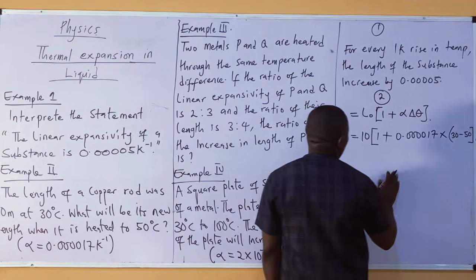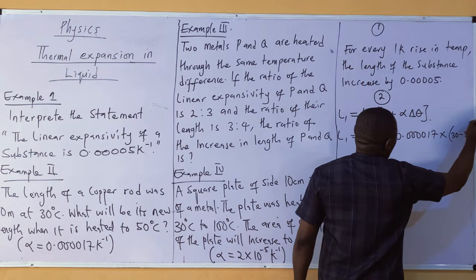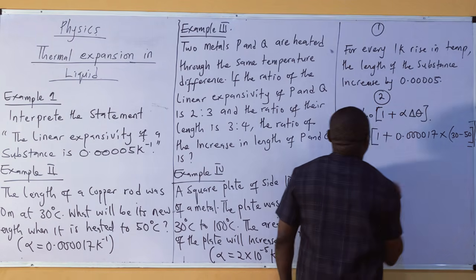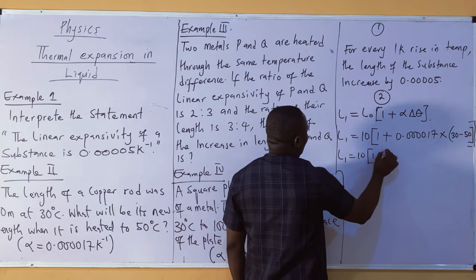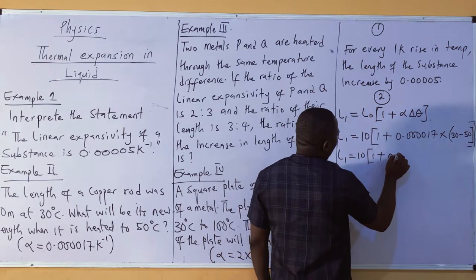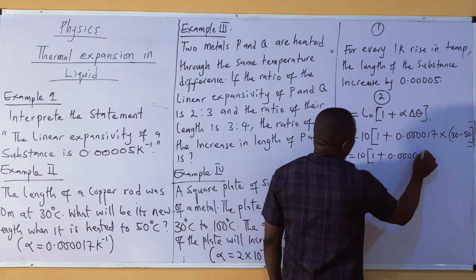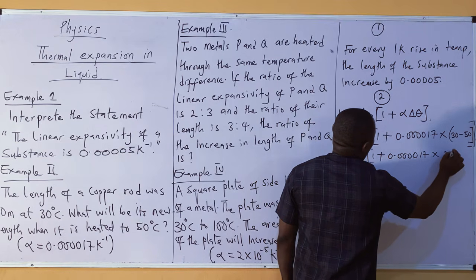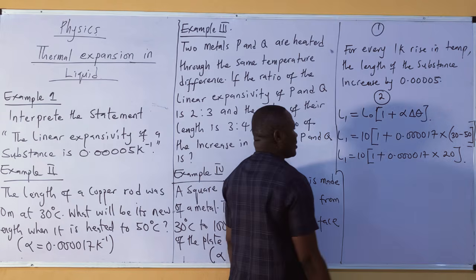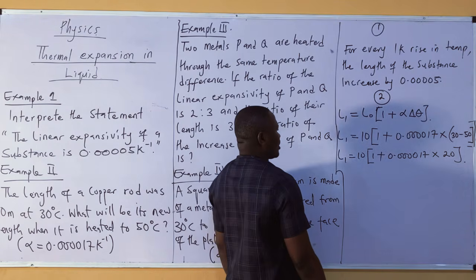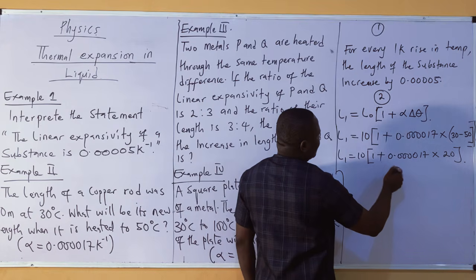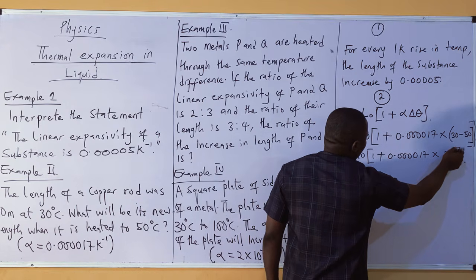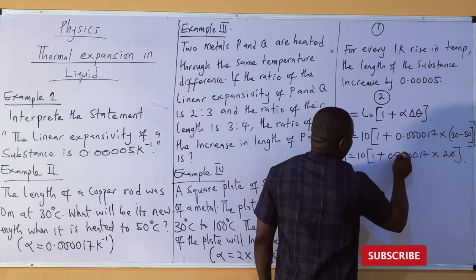Now, let's continue. Remember there's a bracket outside. So L1 will now be 10, open bracket 1 plus 0.000017 times 20. If you are multiplying this by this, you have this.